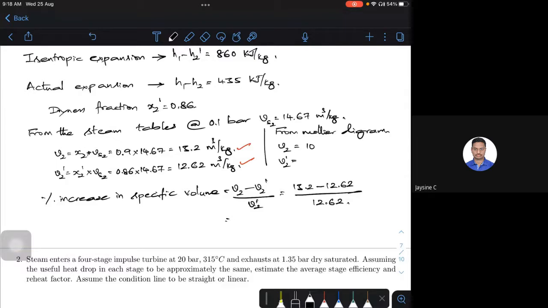Okay, what about V2 dash? Is it lower than that, 9 or something?